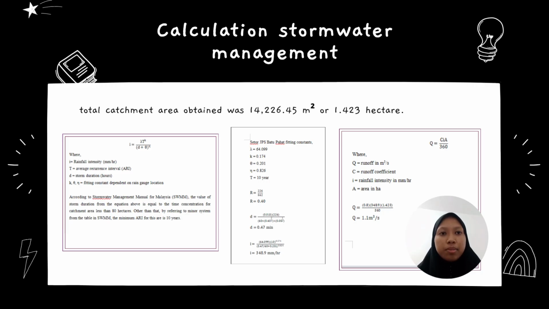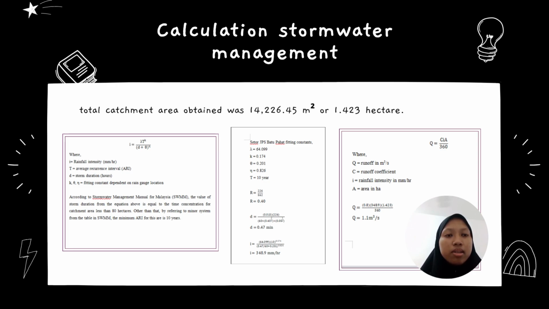So next I will present the methodology of stormwater management. First step is to select the ARI for both minor and major drainage systems. Second is to divide the subcatchment into segments of homogeneous land use or surface design. Next, estimate overland flow times for all other flow components within the subcatchment, such as curb gutters and so on.